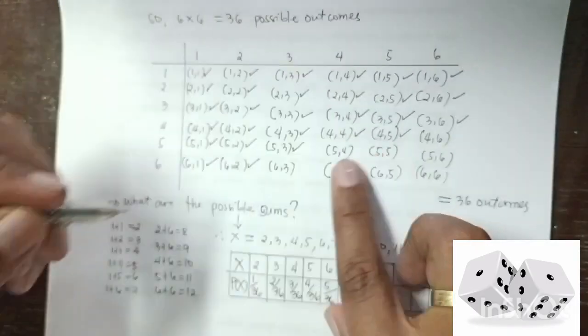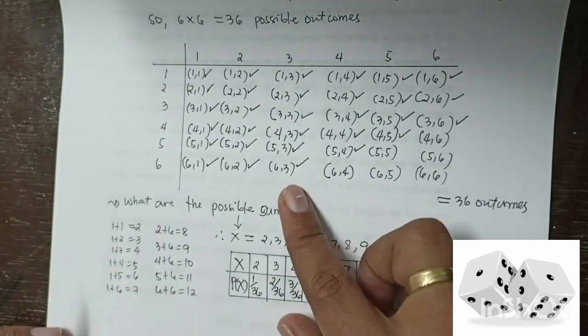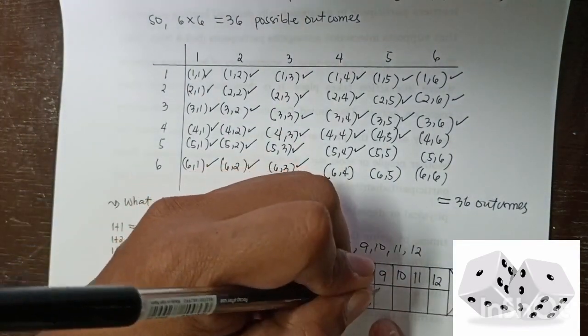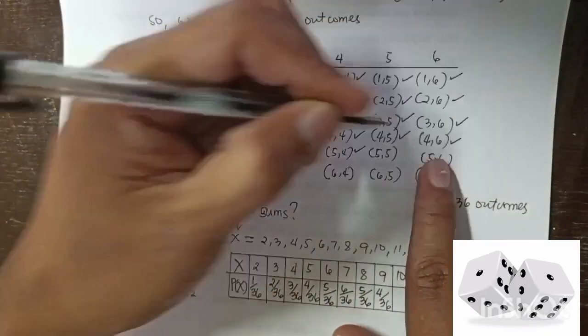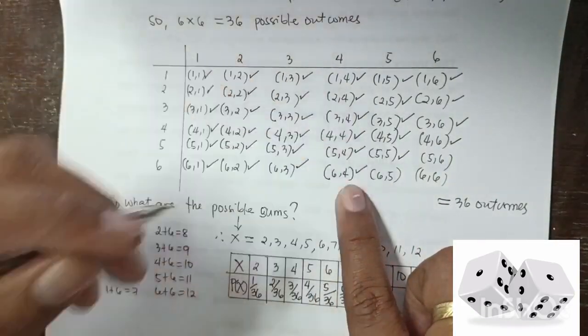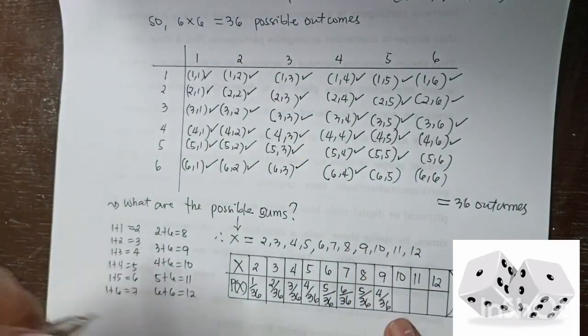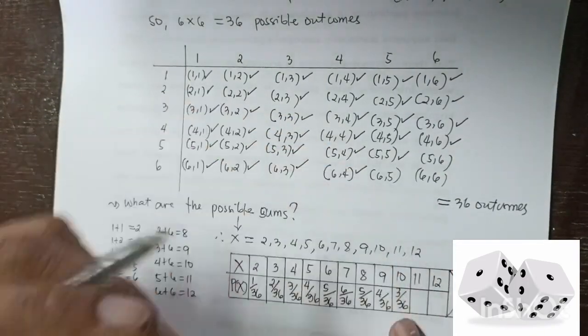For a sum of 9, we have 3 and 6, 4 and 5, 5 and 4, and 6 and 3. That is 4 over 36. And for a sum of 10, we have 4 and 6, 5 and 5, and 6 and 4. That is 3 over 36.